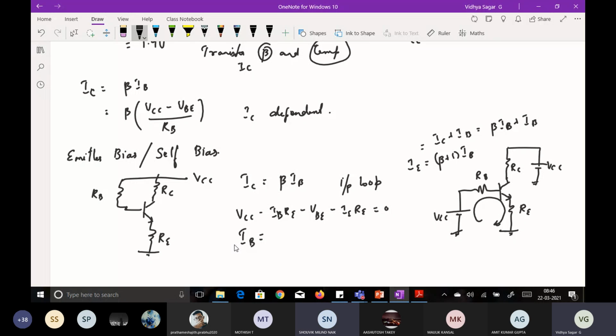VCC minus VBE upon RB plus beta plus 1 RE.